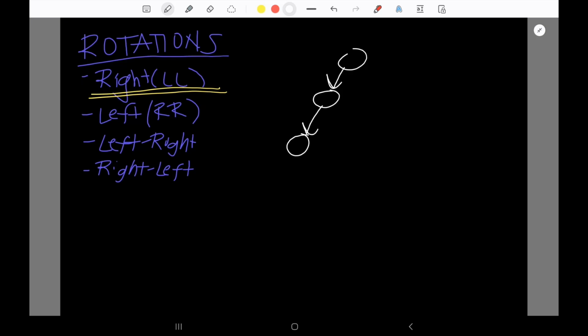Let's say this is A, from the example on the PPT, B, C. So to perform right rotation, it is called left because it is on the left side of A. So look, left. So that is why it's called left, or right rotation.